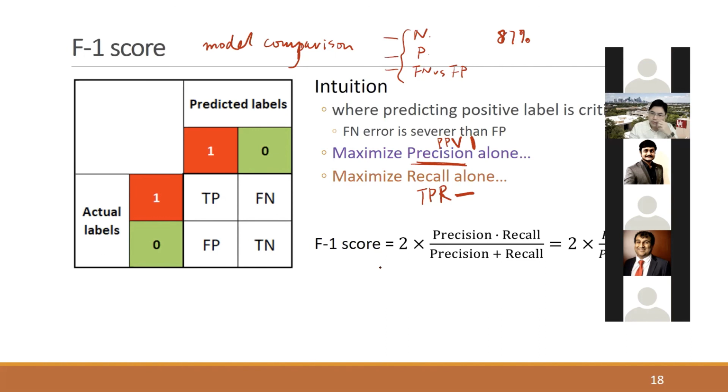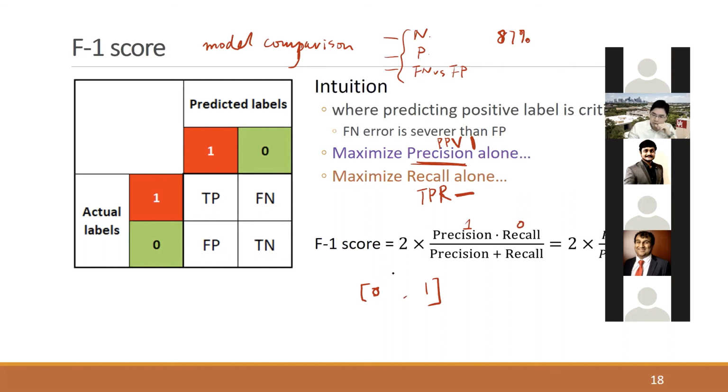So F1 score combines the two concepts together, and its value ranges between 0 and 1. This is because, in one case, when the system wants to cheat, you have a perfect precision but end up having 0 recall, so it will go to 0.